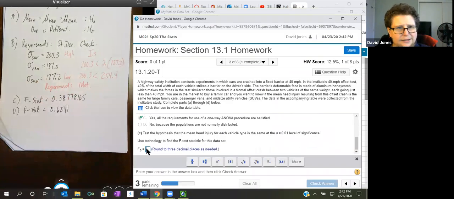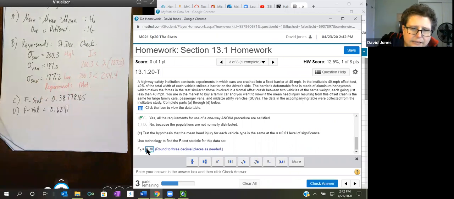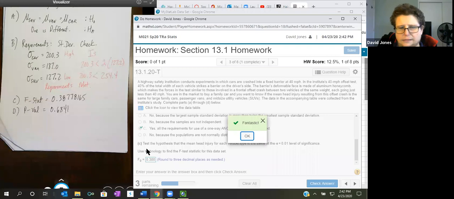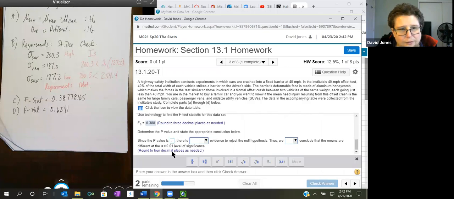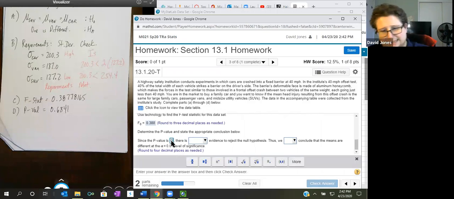So f-stat to 3 decimal places, 0.388. And it wants my p-value to 4 decimal places. Ooh, I wanted all of them. Tricksy.